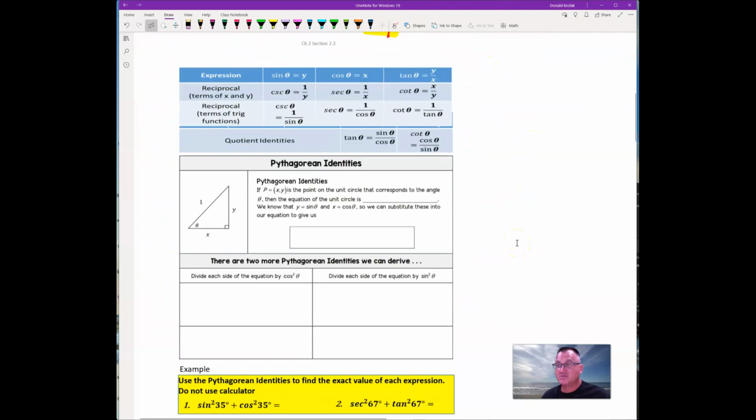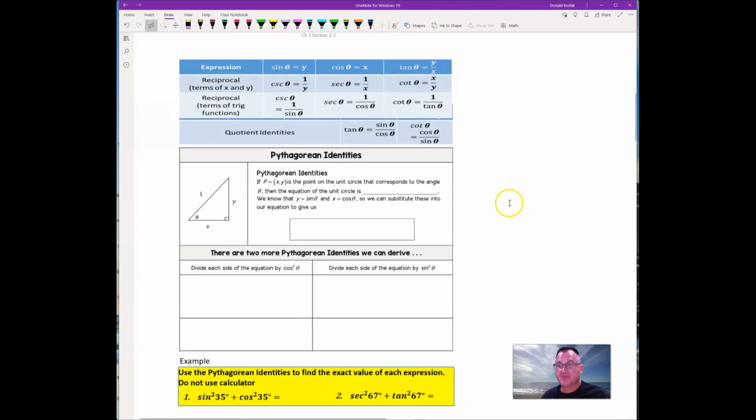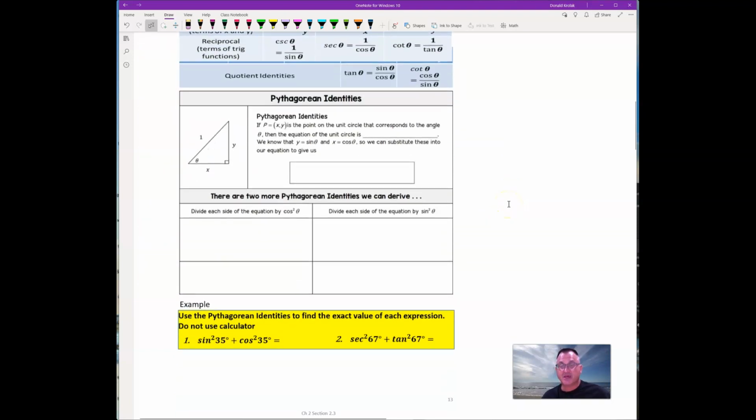All right, the next part we're going to introduce is the Pythagorean identities. Now, the Pythagorean identities are related to the Pythagorean theorem. Back in geometry, when you learned about the Pythagorean theorem, if you had a right triangle and you take the legs, this purple side here is a leg, and this purple side is a leg.